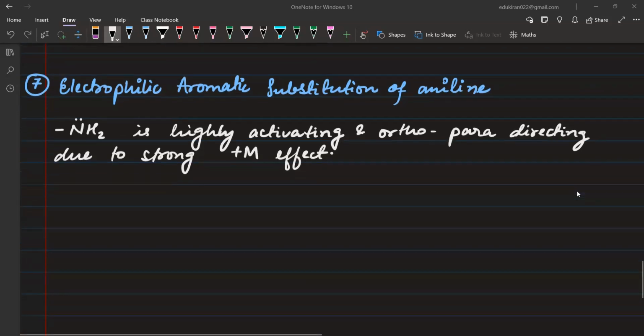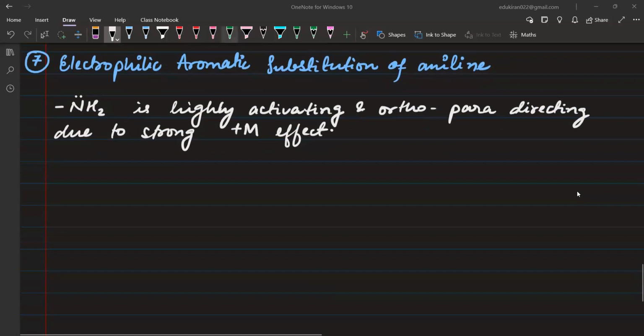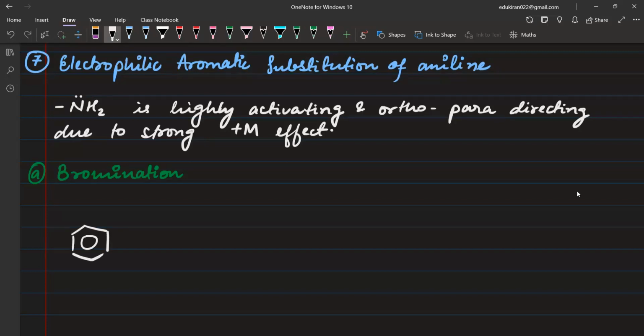ठीक है, now the first reaction that we have to see is bromination. A is bromination. Now in bromination we have NH2 and we just need to add bromine aqueous, Br2 aqueous.